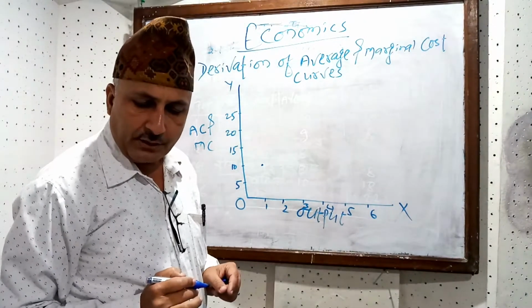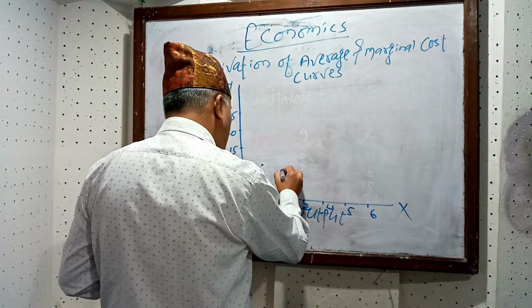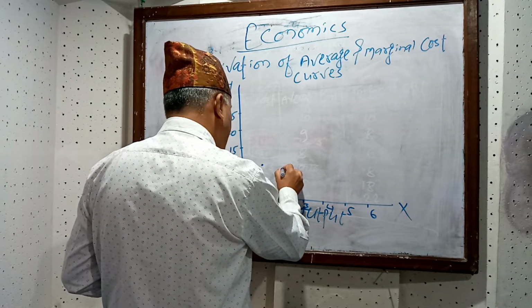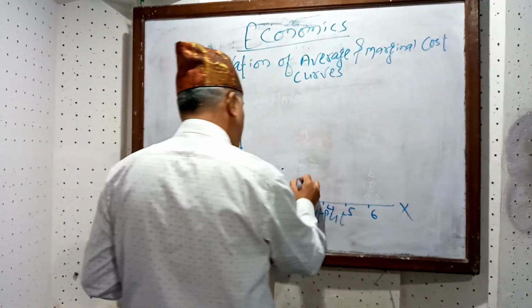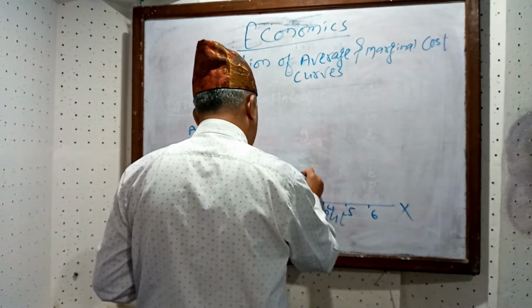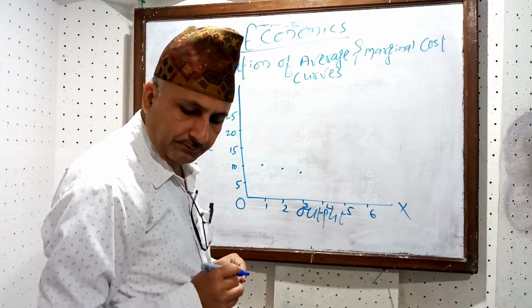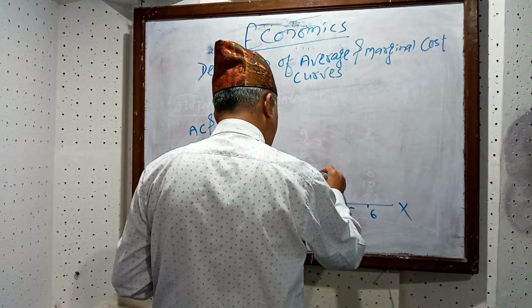Then for the second unit of output, it is 9, just below this 10. Then for the third unit of output, it is 8, just below this 9. Then for the fourth unit of output, it is again 8, it is constant.